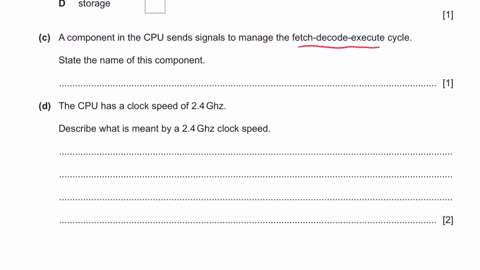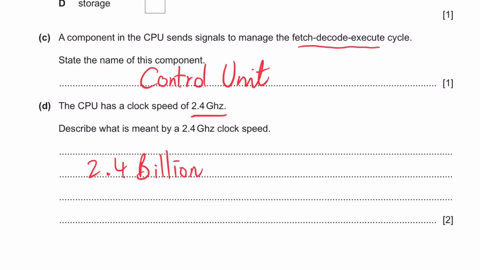The component in the CPU sends signals to manage the fetch, decode, execute cycle. State the name of this component. It is what they call the control unit, a device that manages the fetch, decode and execute cycle. The CPU has a clock speed of 2.4 gigahertz. Describe what is meant by 2.4 gigahertz clock speed. That would be 2.4 billion cycles per second, because we've got gigahertz.